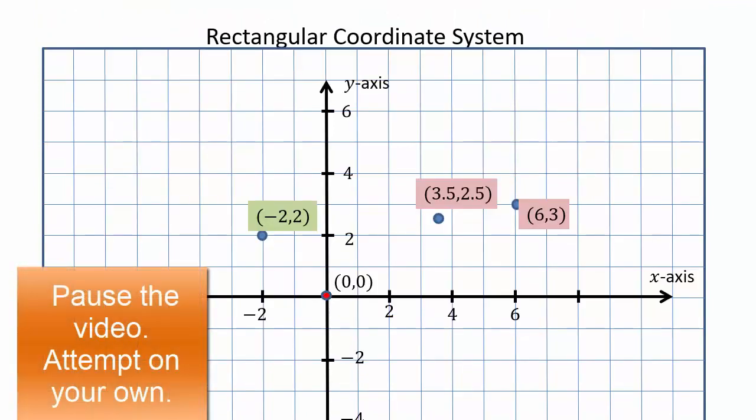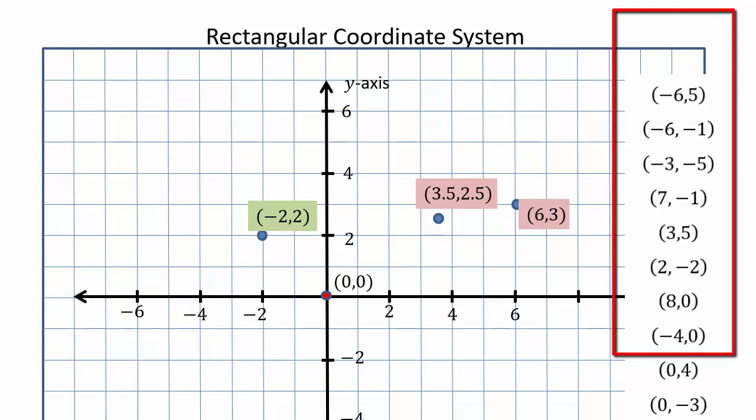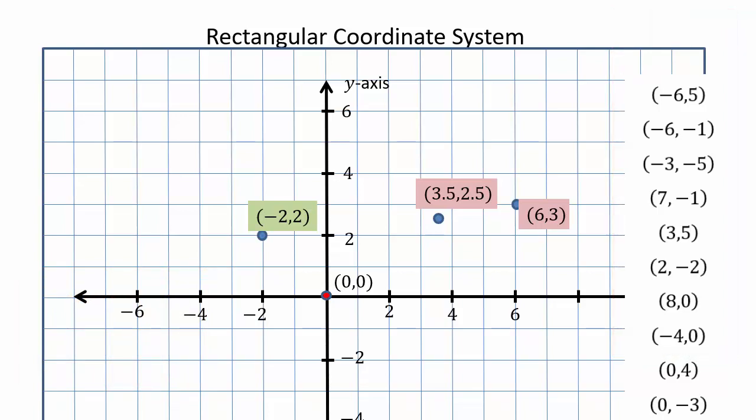All right, go ahead, pause the video here and see if you can plot the following points. This is important so you understand how to orient yourself in this coordinate system. Assuming you've come back from plotting the points, let's take a look.